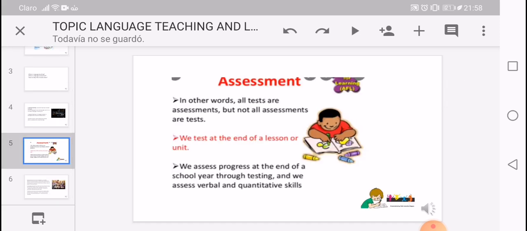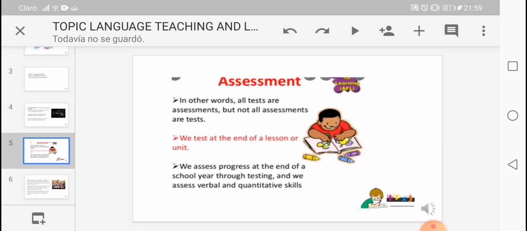Assessment. In other words, all tests are assessments, but not all assessments are tests. We test at the end of a lesson or a unit. We assess progress at the end of the school year through testing, and we assess verbal and quantitative skills.